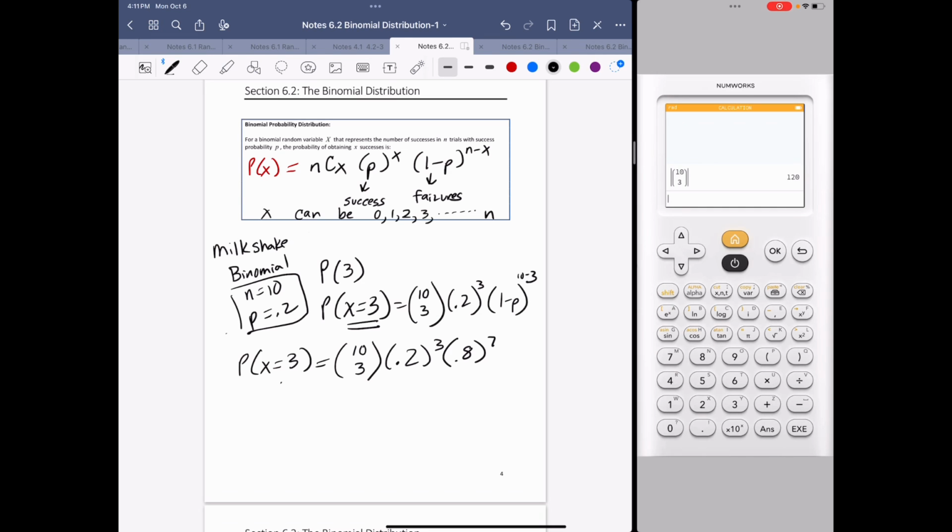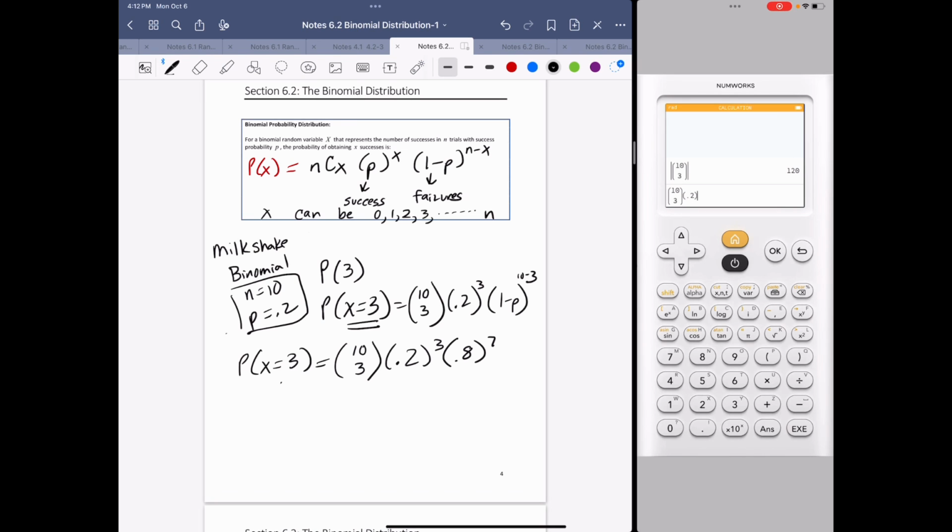All right, and I'm going to type it. So I'm going to go to my calculator, and I'm going to go to my toolbox, and I'm right there. I'm going to do 10 choose 3. And then you can just type the rest of it right beside it. I'm going to type 0.2 up arrow 3.